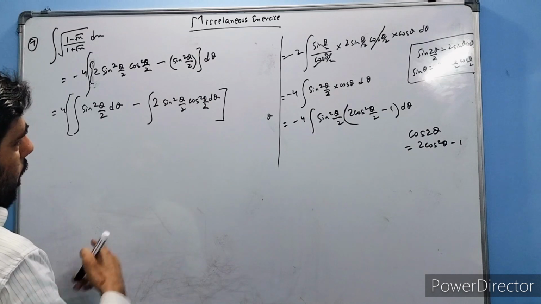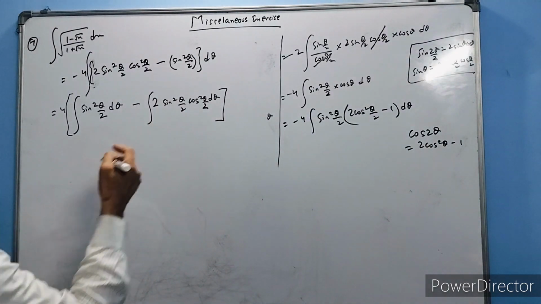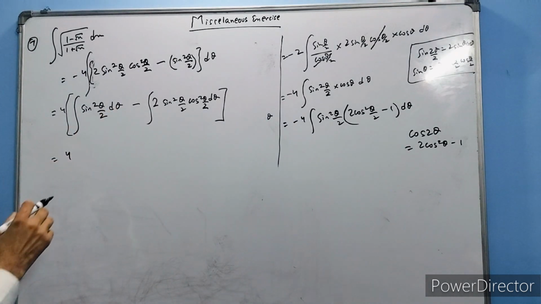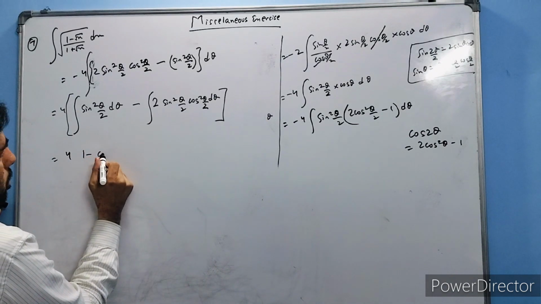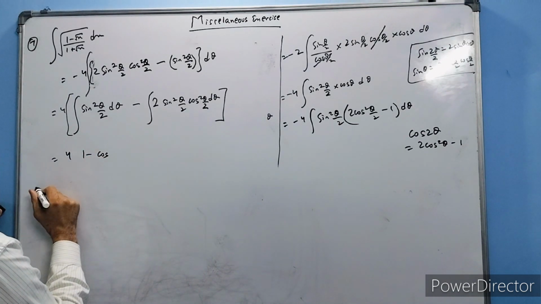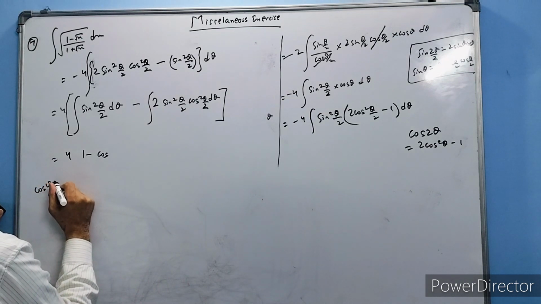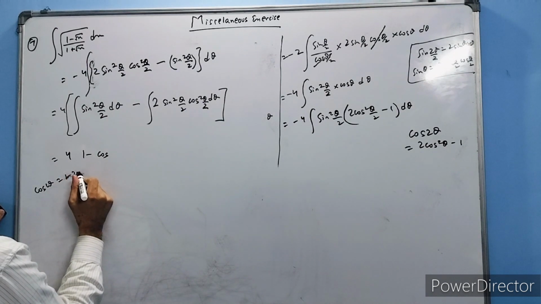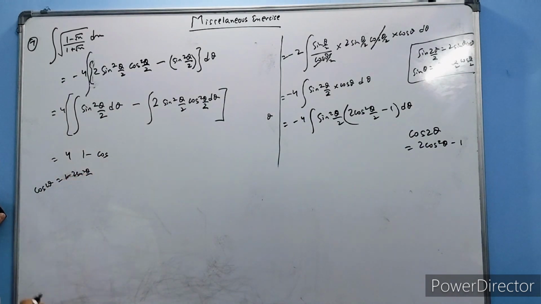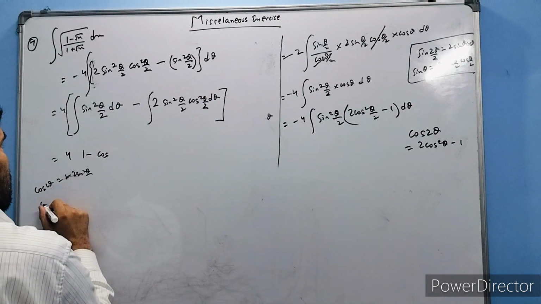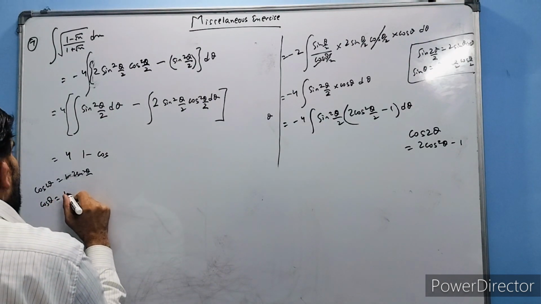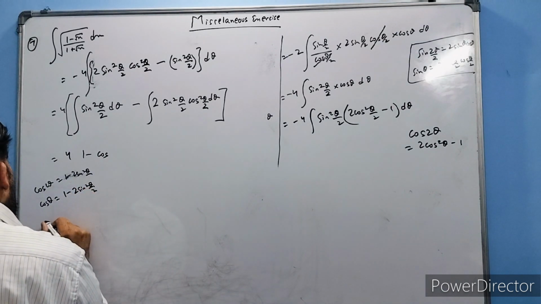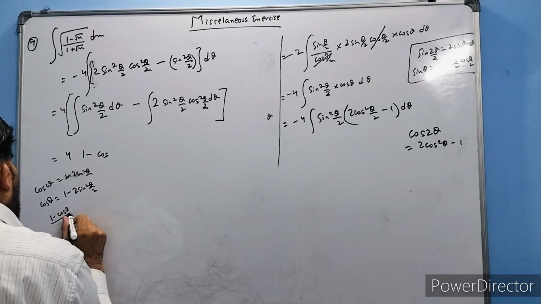In a very simple way, cos 2 theta is equal to 1 minus 2 sin square theta. So cos theta is equal to 1 minus 2 sin square theta by 2. Taking this outside, we have 1 minus cos theta by 2.